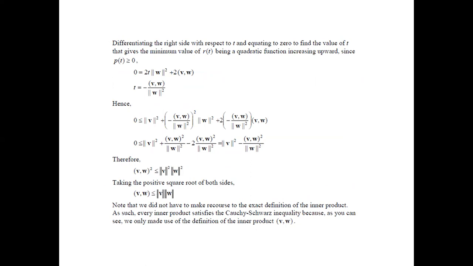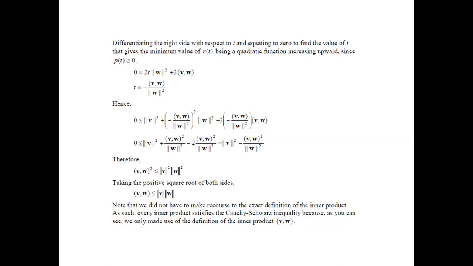If we rearrange that, you arrive at 0 less than or equal to norm of v squared plus (v, w) squared over norm of w squared, minus 2 (v, w) squared over norm of w squared, which will be equal to norm of v squared minus (v, w) squared over norm of w squared.